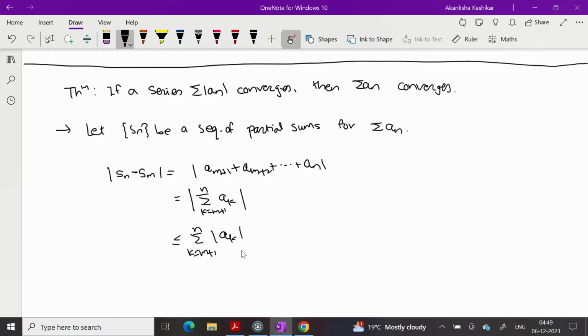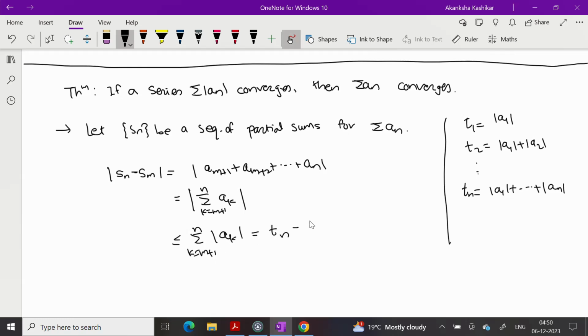Okay, but what is this? This also has some meaning. What I know is summation mod an converges, so the corresponding sequence of partial sums also converges. For example, T1 is mod a1, T2 is mod a1 plus mod a2, and by this logic Tn is mod a1 plus up to mod an. Hence this becomes Tn minus Tm.